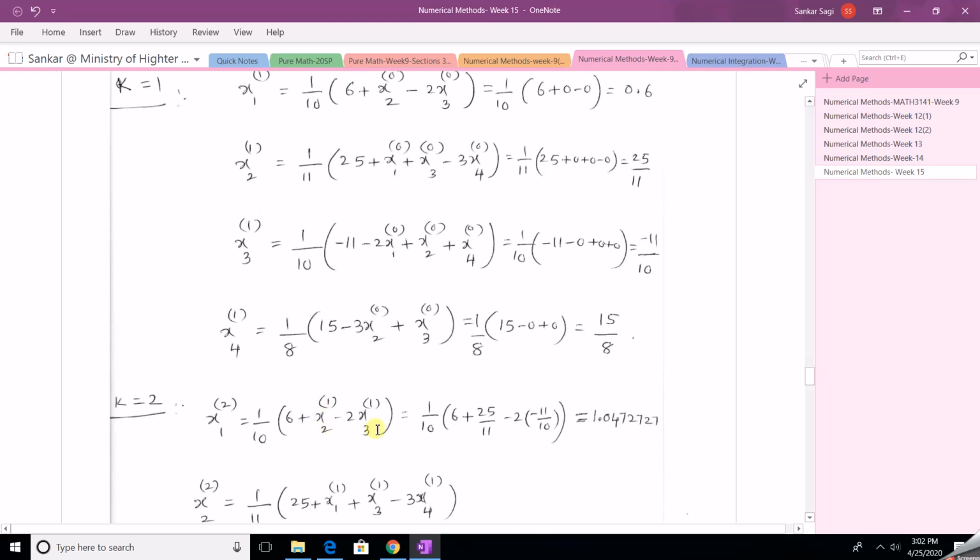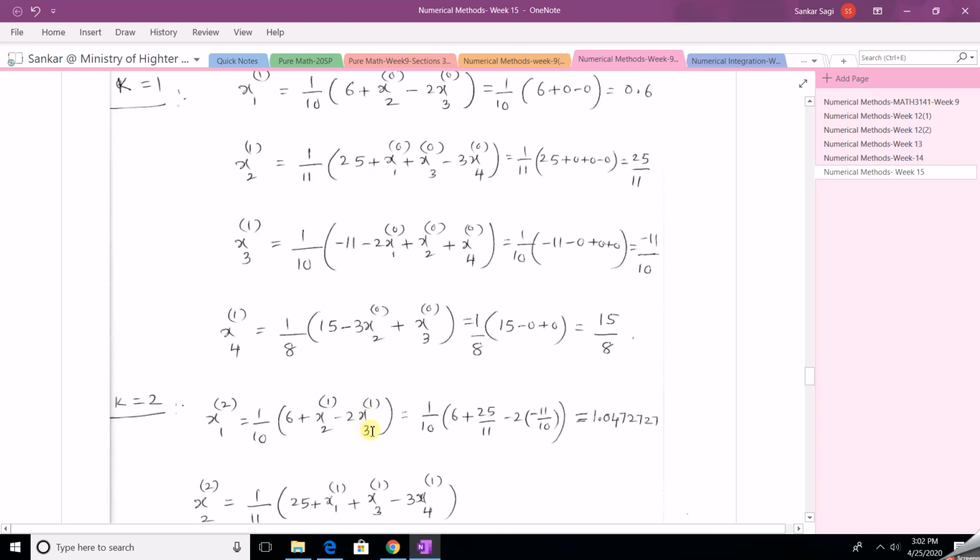We have seen the first approximation of x2 is 25/11, so we substitute that. Next, x3 1 we got is minus 11/10.